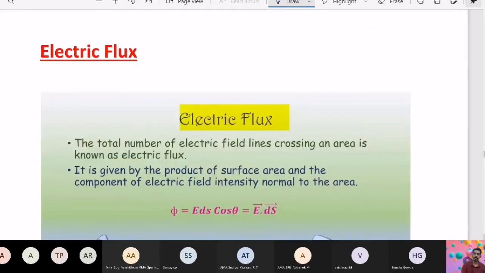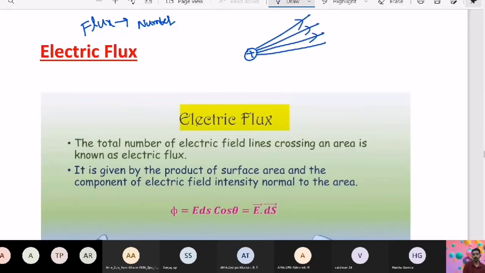Now, based on the same electric field lines, we define one more thing, that is electric flux. So what is the meaning of flux? Flux means a number. What number? Suppose there is a positive charge, and field lines are going away from it.